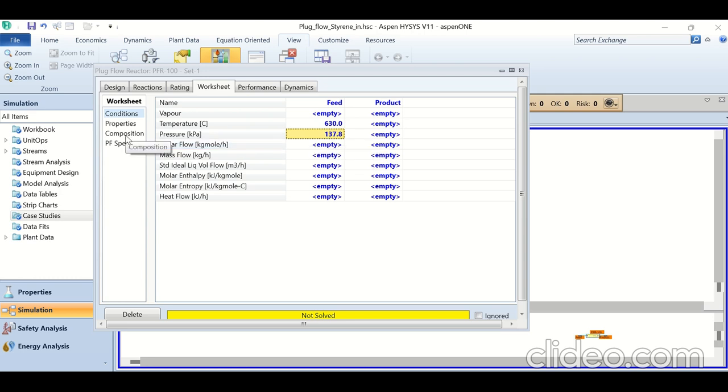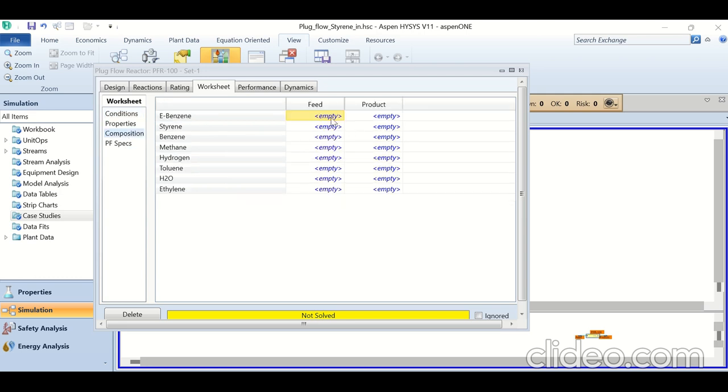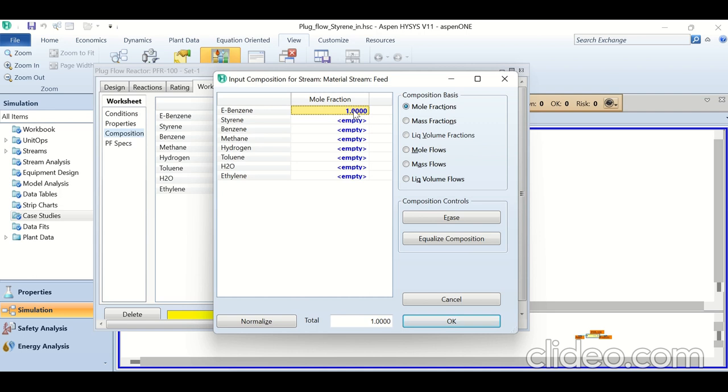And the composition of the stream was ethyl-benzene, 15 kilomole per hour. You have to select the mole flows here. Zero styrene, zero benzene, zero methane, zero hydrogen, zero toluene, and water flow rate was 150 kilomole per hour.